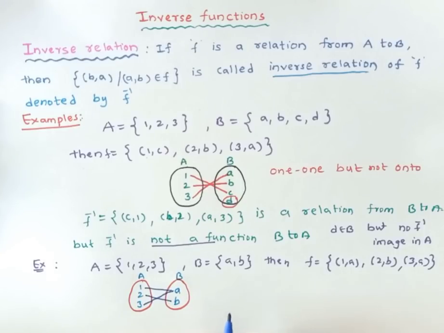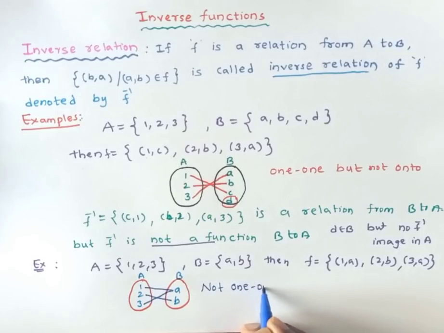Okay, now observe the things. So this is a function obviously. What about one-one and onto? So this is not one-one because 1 and 3 are different but their images are the same. Therefore it is not a one-one function.